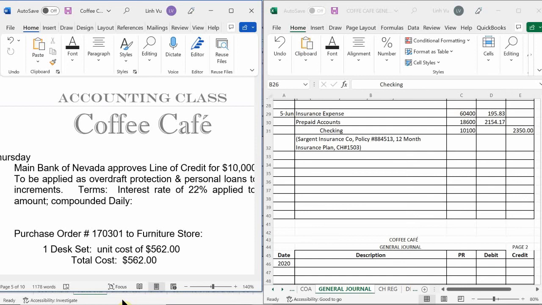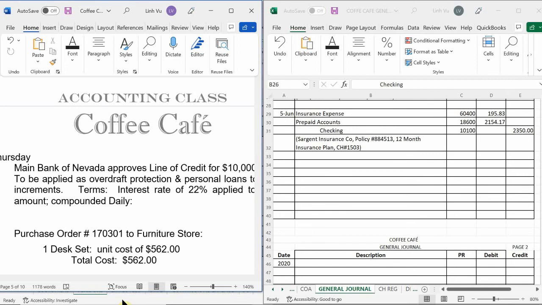So this is pertinent information pertaining to this exact example, right? Where in case you do end up overdrafting your bank, what happens? You need to know you're going to get charged that 22%.